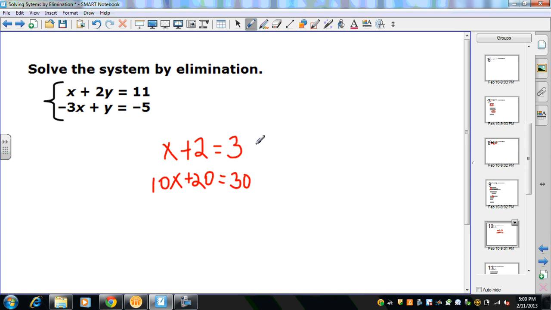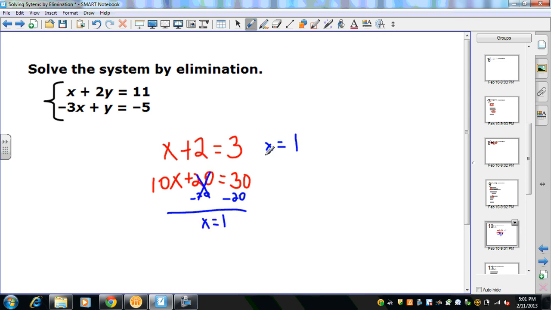What I'm saying is here, x is equal to 1, right? If I solve this, x plus 2 equals 3, isn't x equal to 1? Well, multiplying every single thing here by the same number, so multiplying this by 10, and this by 10, although it looks like I have different numbers, when I go through and solve this by subtracting 20 from both sides, I end up with 10x equals 10. I still get that x is equal to 1.